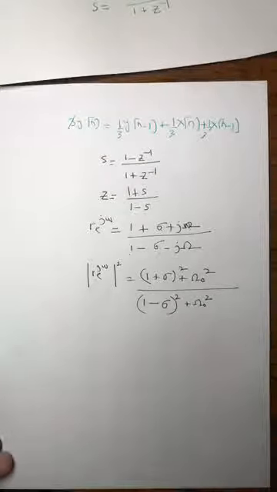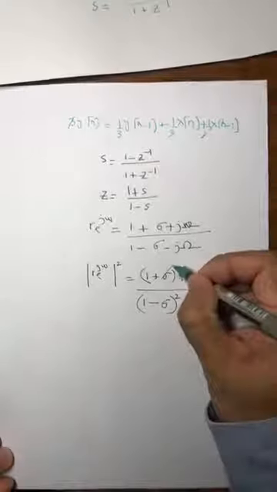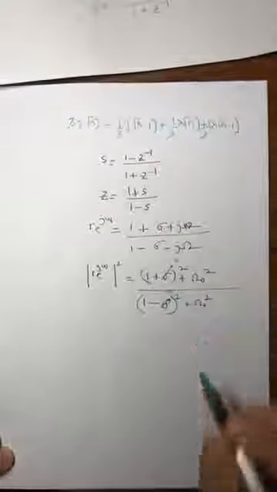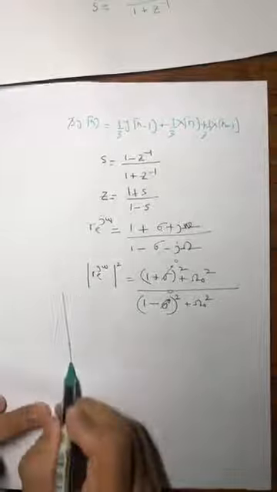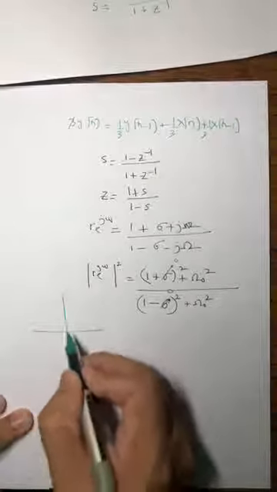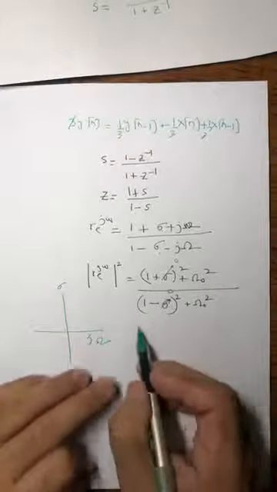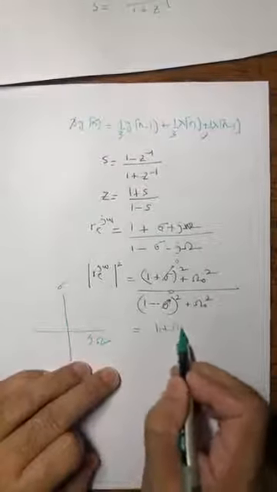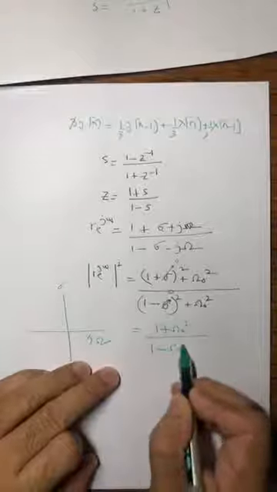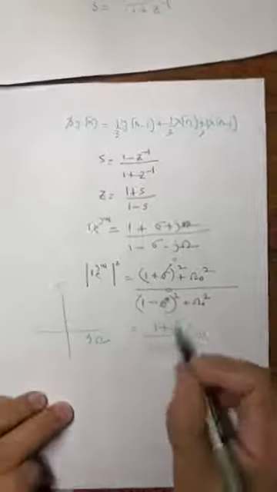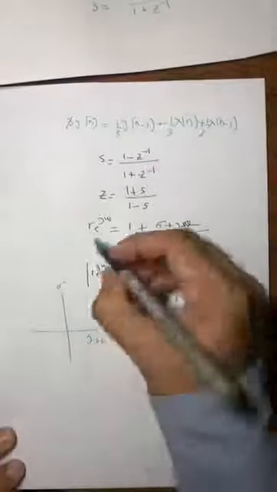As you can see, if you put sigma equal to 0 to find out what the j omega axis results in, you get 1 plus omega square over 1 plus omega square, which cancels out to 1. So r is 1.